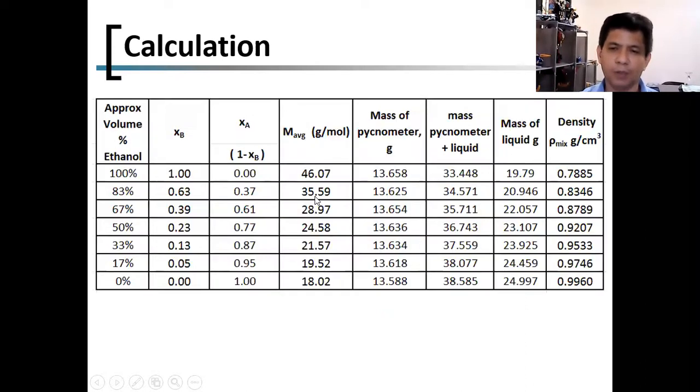On the next table, we're going to calculate x sub B. This x sub B is the number of moles of ethanol, or number of moles of B, divided by the total number of moles.